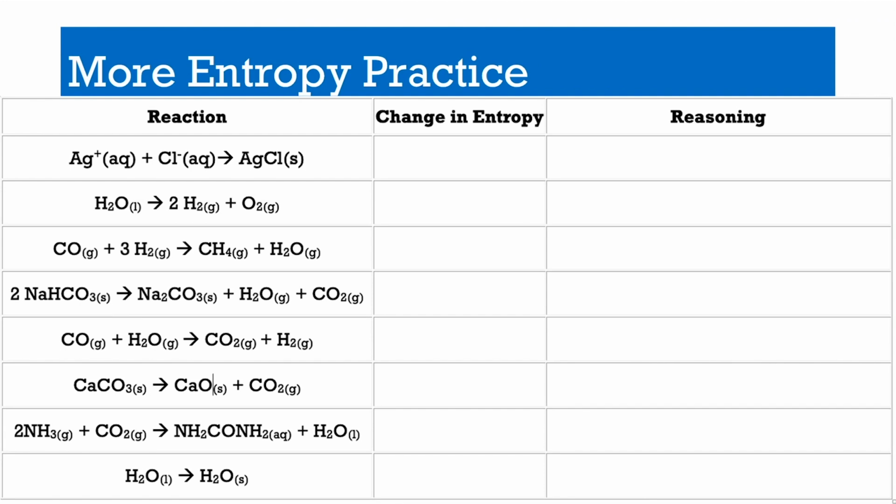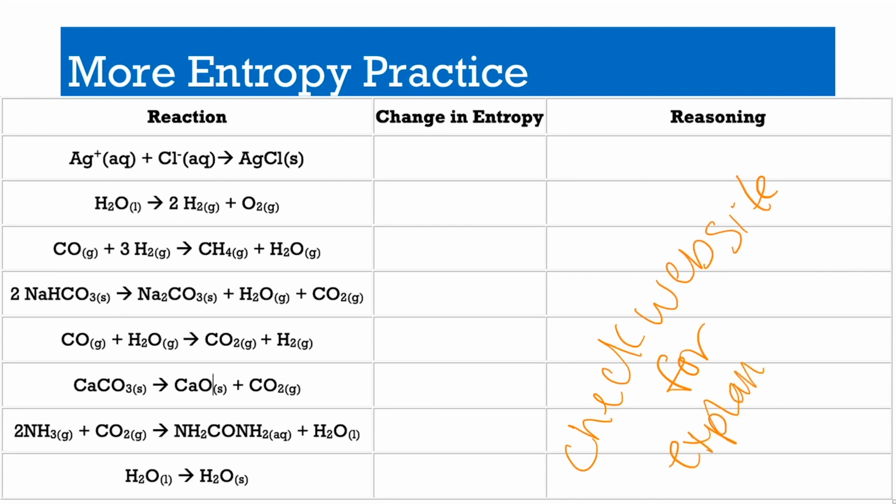We're going to examine the change in entropy, whether it is increasing, decreasing, or whether there is even a change, and you're going to look at the reasoning. We're just going to tell you the answer, the change in entropy. The key is posted for you on our website.